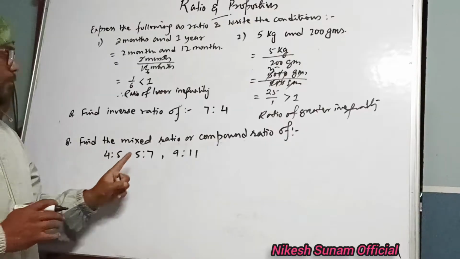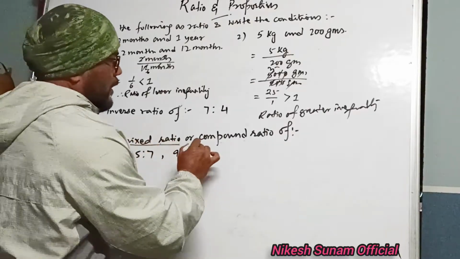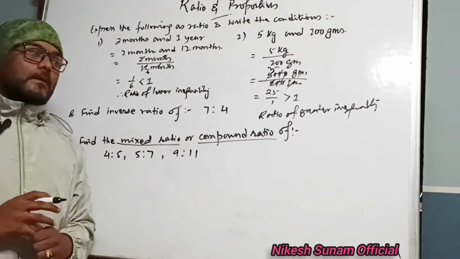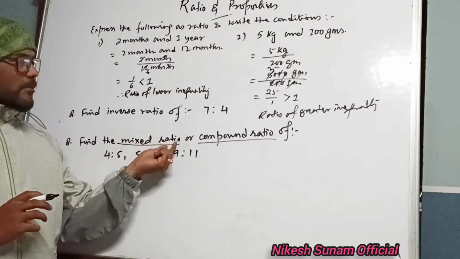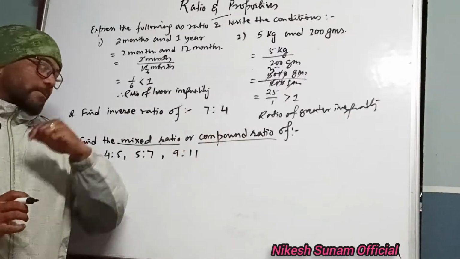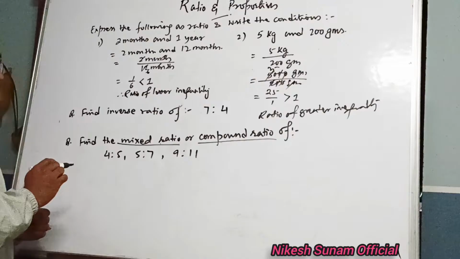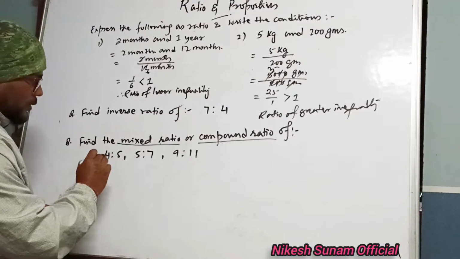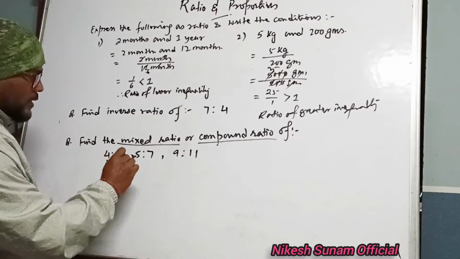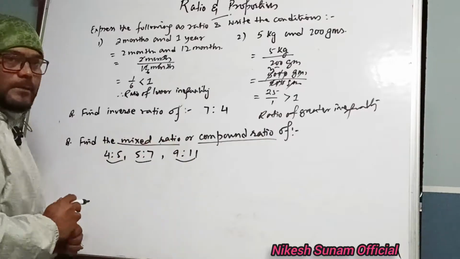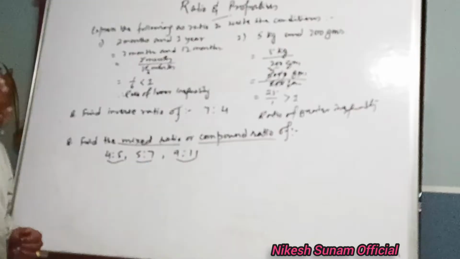Now let's come to this point: mixed ratio and compound ratio. What do you understand by mixed ratio or compound ratio? Okay. So for a mixed ratio, what you are supposed to do? The ratios will be given to you as 2 ratios or 3 ratios or 4 ratios. So here I am providing you 3 ratios.